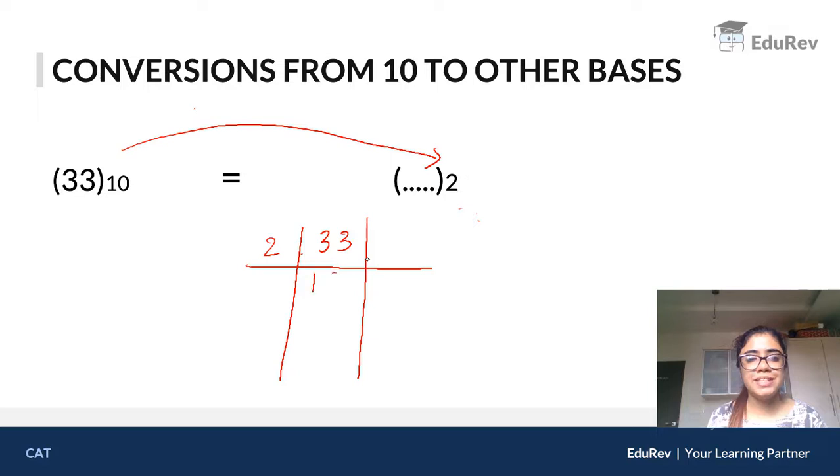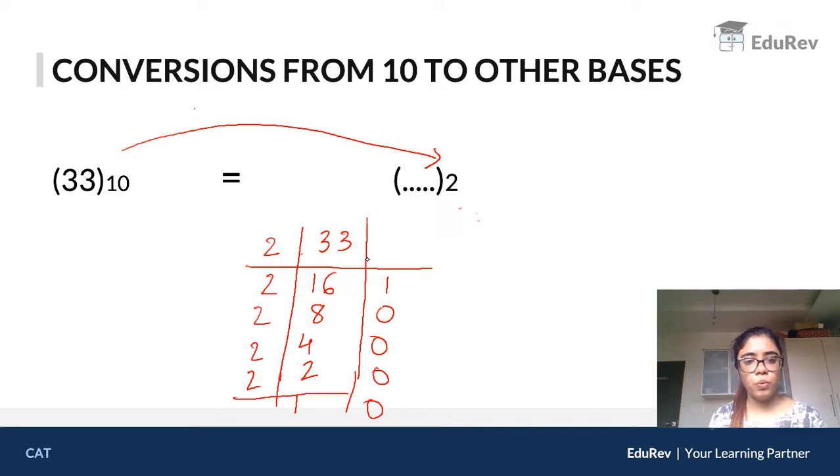So 2 16s is 32. I have 1 remaining, I'll write 1 here. 2 8s is 16, nothing is remaining, 0. 2 4s are 8, nothing remains, 0. 2 2s are 4, nothing remains, 0. Then you have 2 1s are 2, nothing remains, 0. So what will I do? I want the binary number.